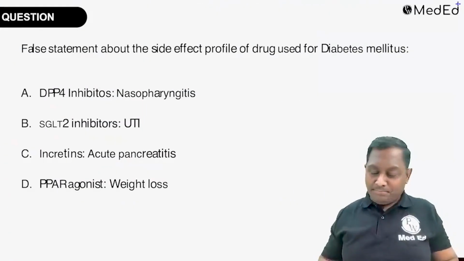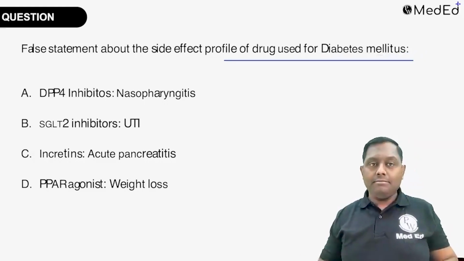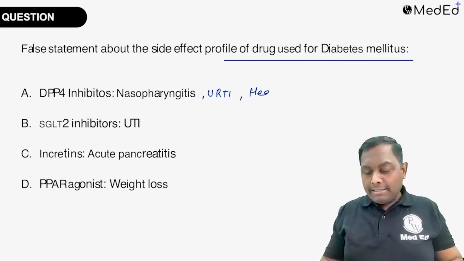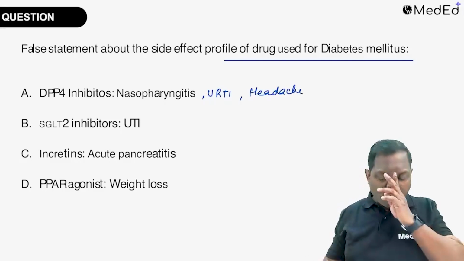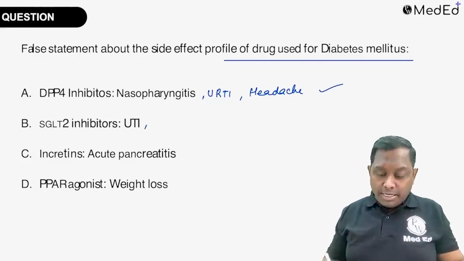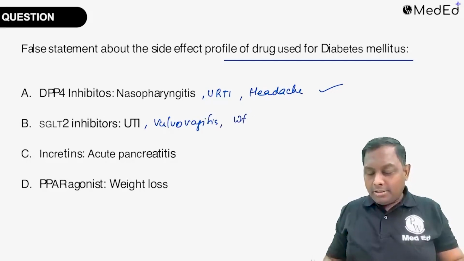False statement about the side effect profile and drugs used for diabetes mellitus. DPP-4 inhibitor is causing nasopharyngitis, URTI and headache. Yes, that is correct. This is not false. SGLT2 inhibitor: UTI, vulvovaginitis, weight loss, Fournier gangrene.